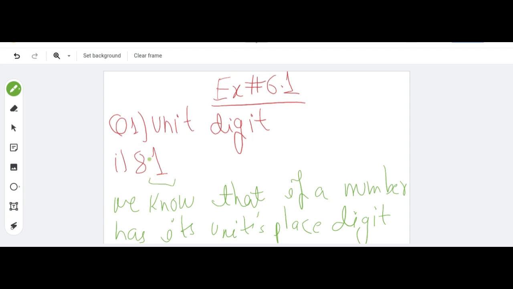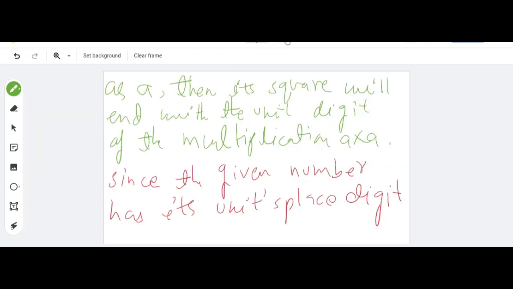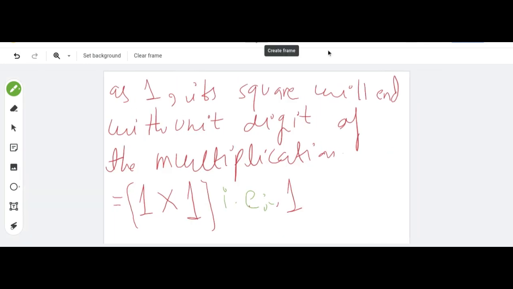You just have to pick the last digit. The last digit is the unit, because the given number has its unit place digit as 1, and its square will end with the unit digit of the multiplication. We just have to multiply the unit digit with the same number. Got it? Yes. Pick any other question and I will do it for you.